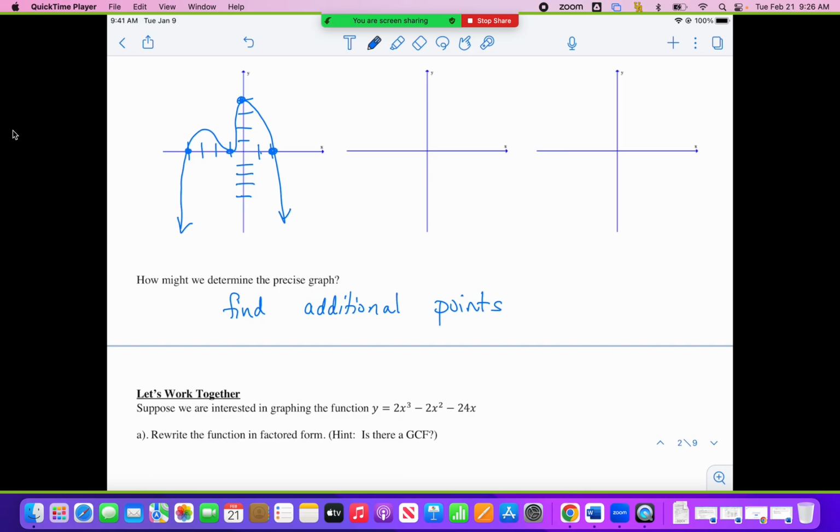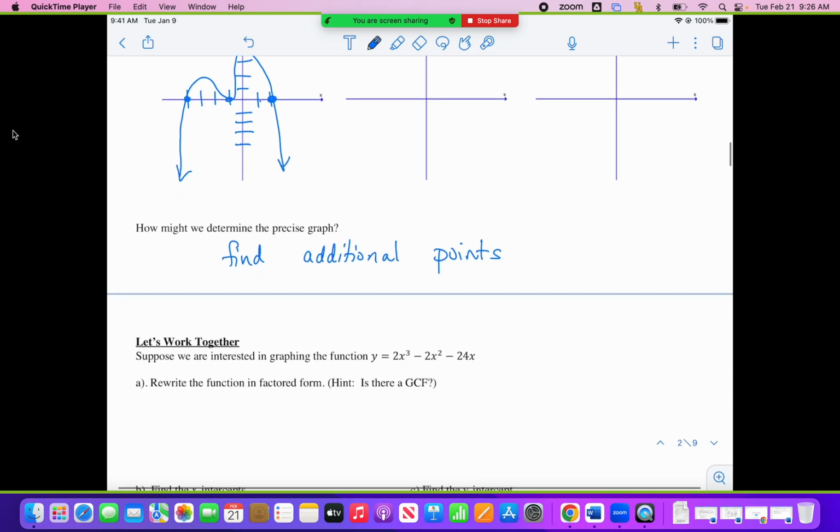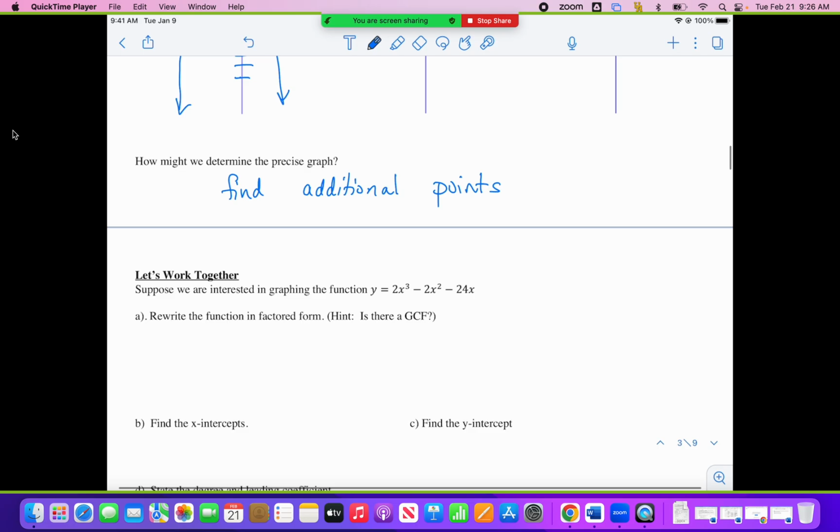Suppose we are interested in graphing the function y equals 2x cubed minus 2x squared minus 24x. Write this in factored form. So I'm going to pull out a 2x and get x squared minus x minus 12.